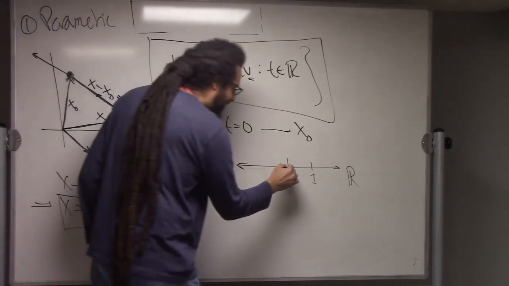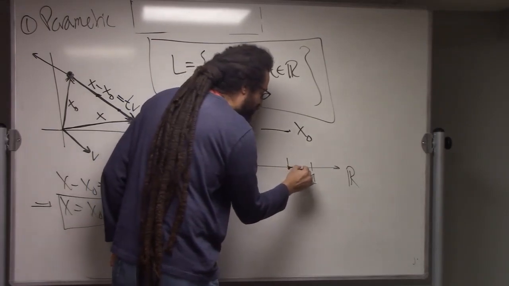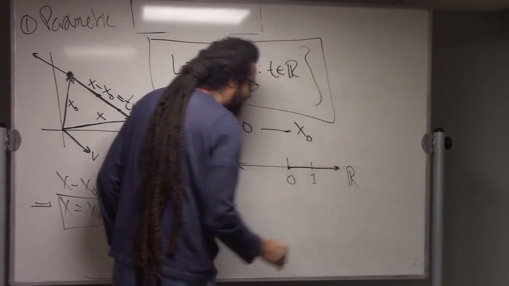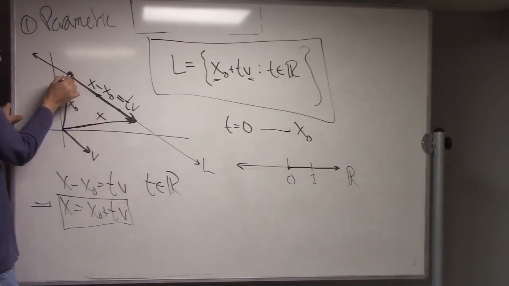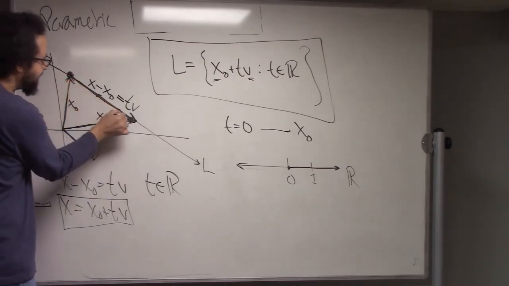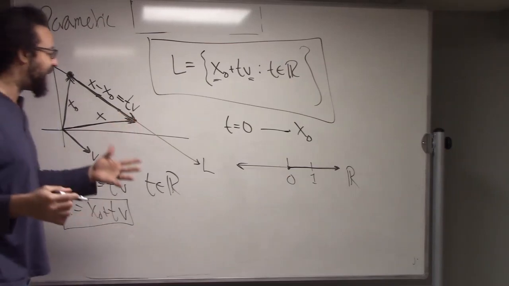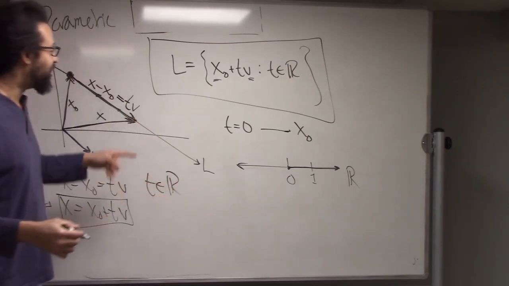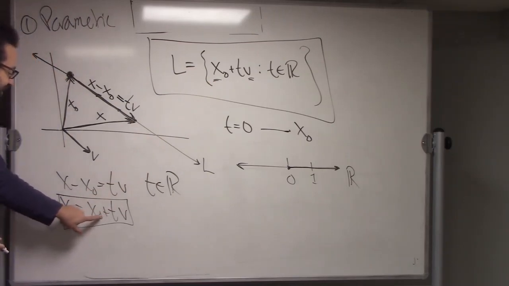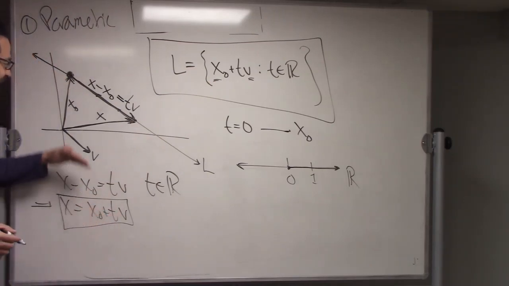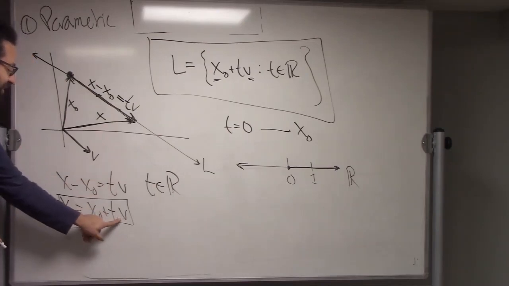And in fact, if we start at 0 and move along the real numbers in the positive direction, then that means we're starting here at x0 and moving along the line, not in a positive direction, but in the orientation where this x0 plus tv is pointing in the same direction as v.